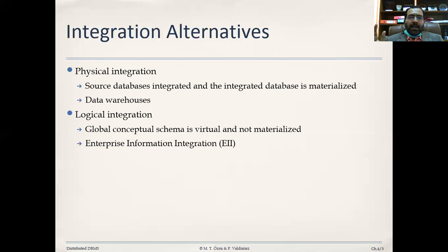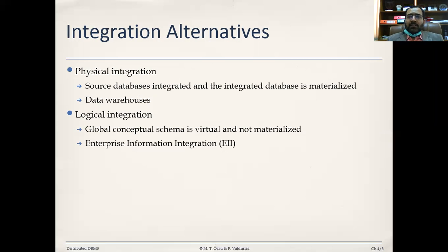The other option we have is called logical integration. When we talk about the global conceptual schema implementation, the global conceptual schema itself is not physical. That is why I told you earlier that we never said that the GCS is residing on one computer.